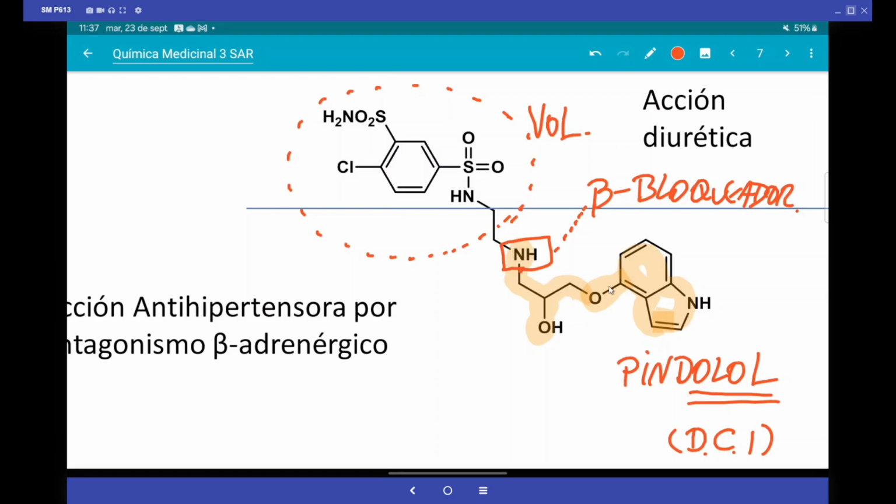When this is linked to the beta adrenergic receptors, they have a space here that allows connecting something voluminous. Then this can act directly on the beta adrenergic receptors, and this other part will also act on the nephron receptors to produce diuresis. We have two combined effects. Very interesting. Can someone tell me about the structure of this?